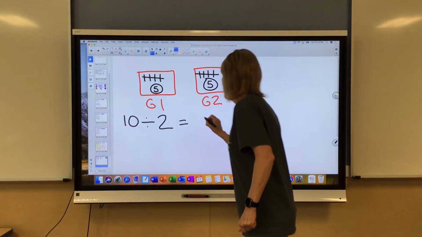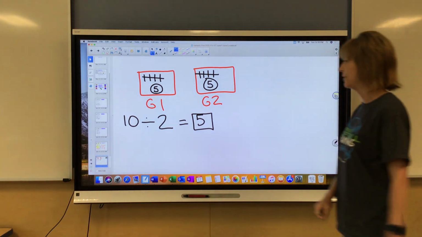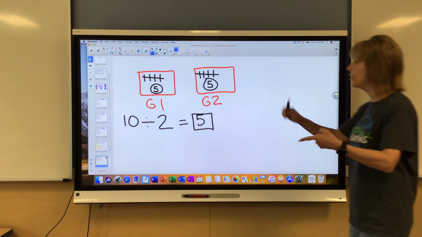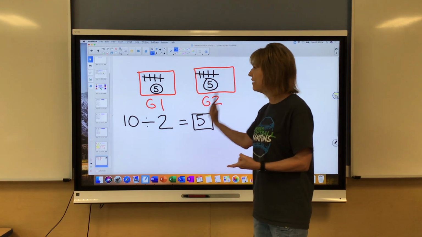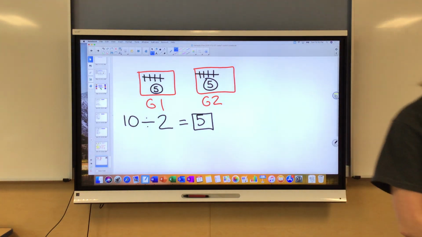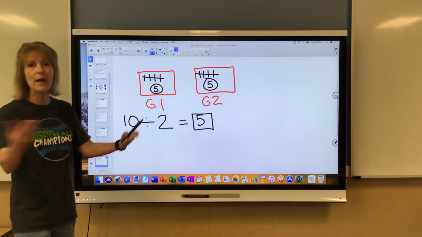You got it. Equals variable unknown 5. So 10 stars divided into 2 groups equals 5 stars in each group. And you're not going to believe that, but that's it for that one. That's all I need you to write. I told you that was going to go pretty fast.